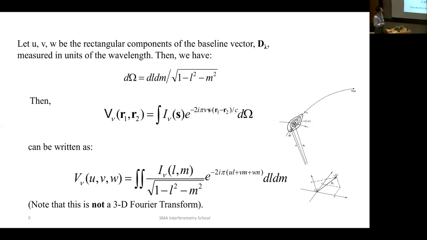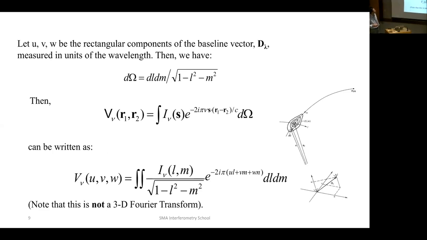Just to place how these coordinates relate to the direction on the sky: this is an astronomical source. Then the visibility, or spatial coherence function, is written as this integral of specific intensity times e to the 2 pi i nu s over c. This is just a repeat of the same relation, and can be written as this.